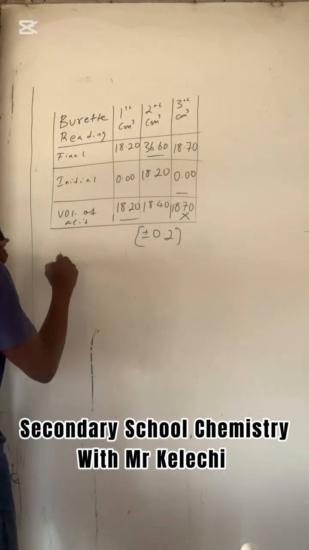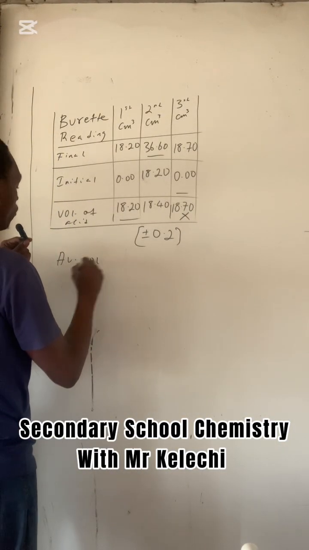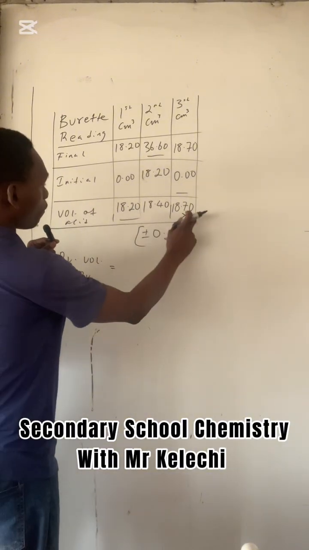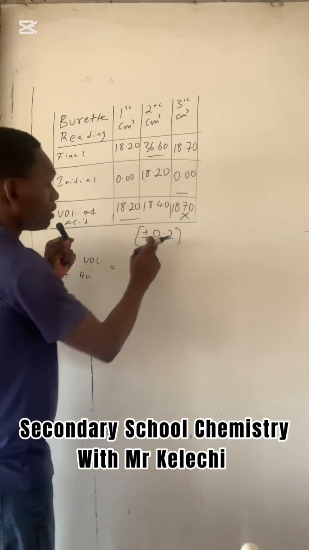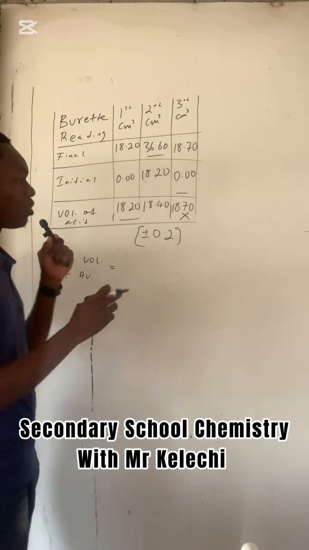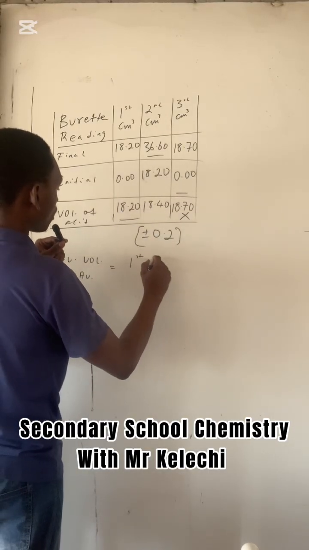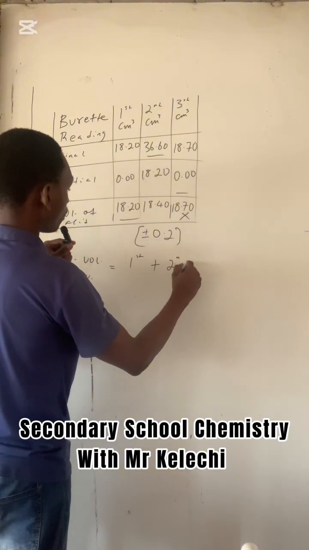So in order for us to get our average volume of acid, we are not taking the three of them, because this particular one is not within our agreed range of 0.2. These two are within our agreed range. So we say the first reading plus the second reading.